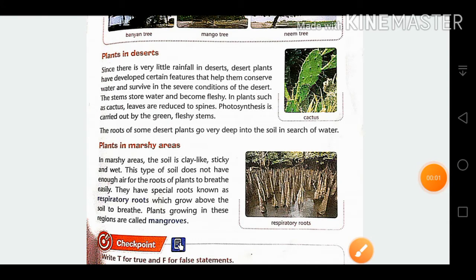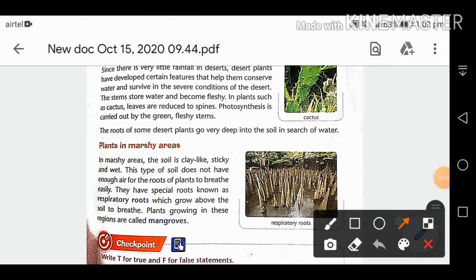The next type is plants that grow in marshy areas. What is a marshy area? A marshy area is one in which the soil is clay-like, sticky and wet. Due to this type of soil, the roots of the plant are not able to breathe easily. So they have a special type of roots called respiratory roots. What is the function of respiratory roots?